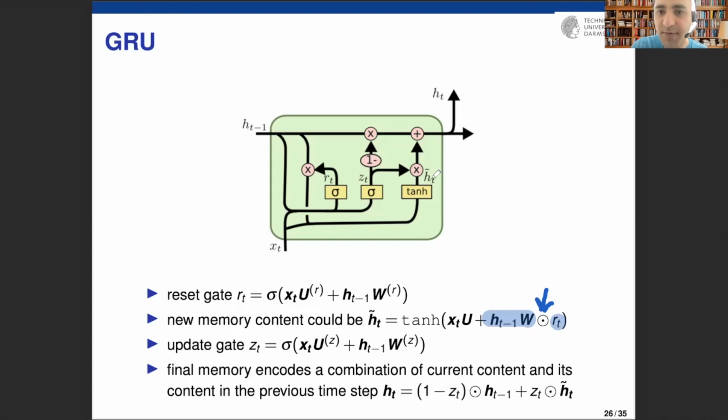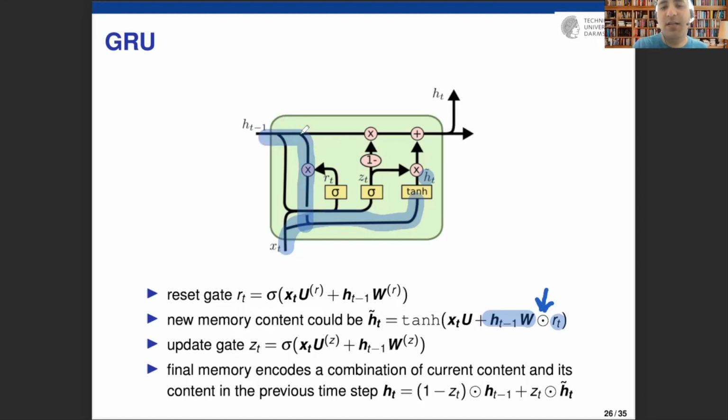Okay, so if you look at tilde H_t, we see that it is the tangent hyperbolic of x_t, completely transformed by matrix U, and the other input comes from this way, right?